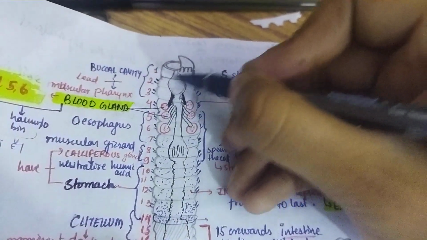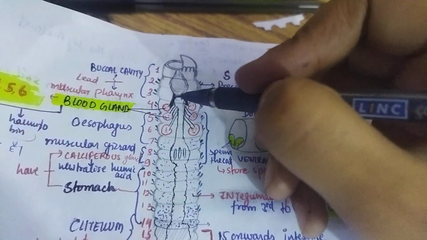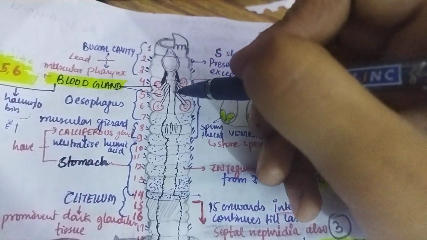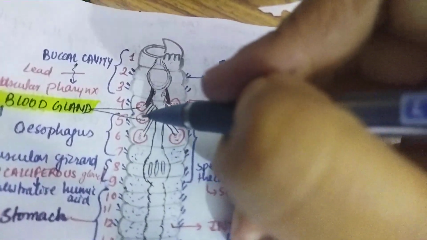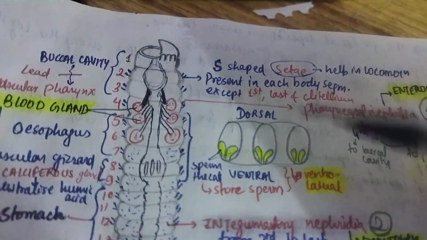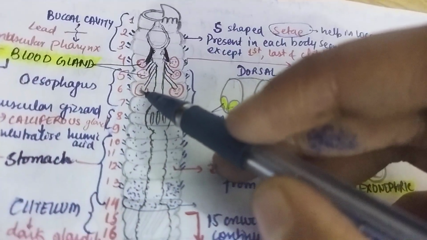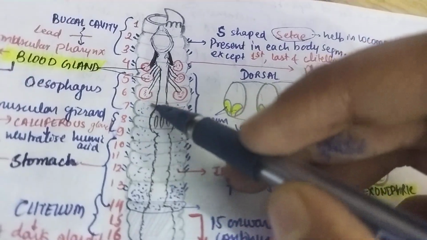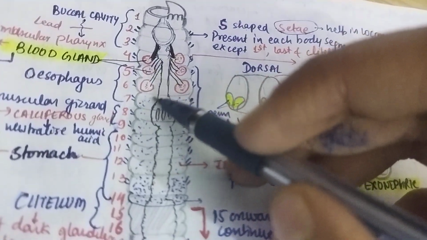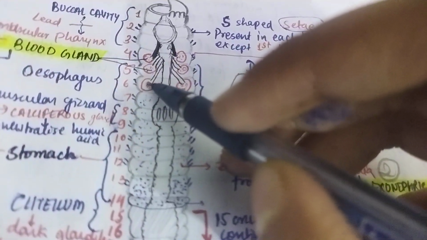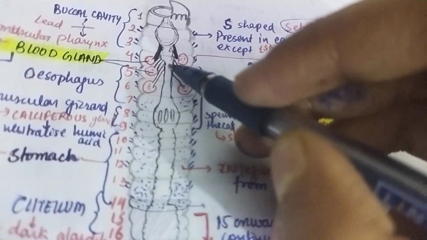As I have told you, this part is our buccal cavity, and this part is our pharynx, which is located in the 4th segment. Then on these extensions there is a bunch of nephridia, which is known as the pharyngeal nephridia bunch. When these nephridia get blood and fluid from the coelomic cavity, they filter it, and whatever the excretory product is, it transfers to the pharynx.